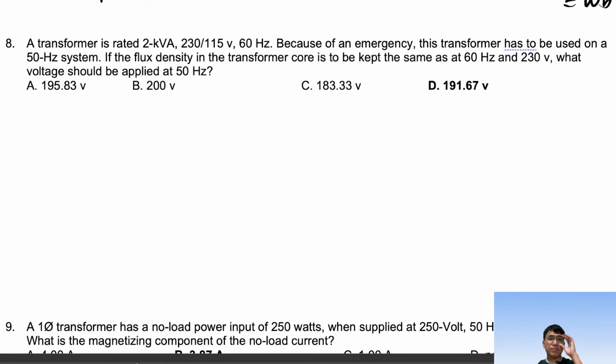Here we have to keep something constant, and that is the flux density, beta max, as well as, since we are using the same transformer, the area. So theta sub m is to be kept constant.